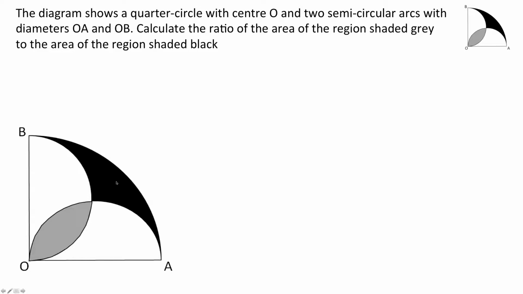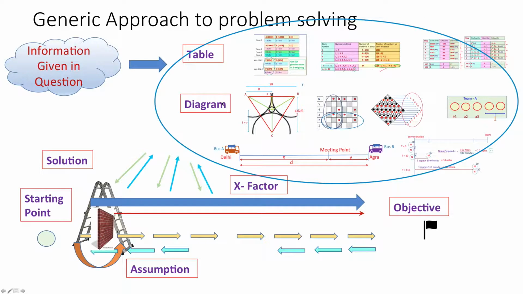Now, what do we need to find the area of the quarter circle and the semicircle? You need to know the radius of the semicircle. If we know the radius of the semicircle, then you can immediately calculate the area of the semicircle. Now, unfortunately, the radius is not given, which means in your solution journey, you are stuck at the very first point.